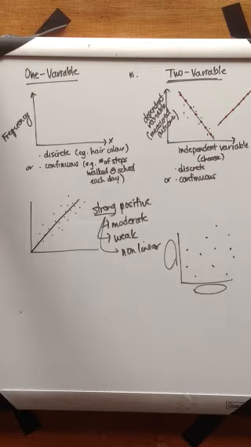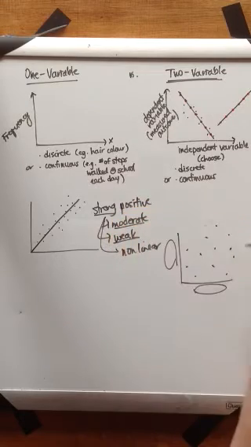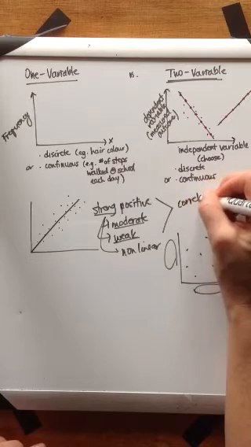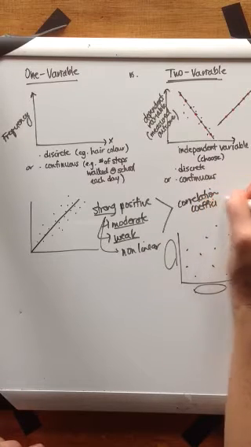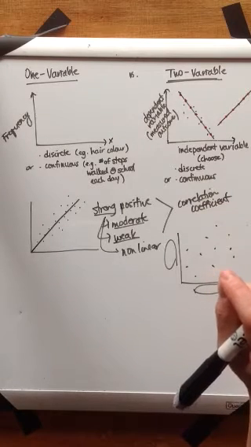Now the good news is we can actually determine whether the correlation is strong, moderate, or weak using quantitative measures, using something called a correlation coefficient. And the neat thing about this correlation coefficient is that it can actually be calculated for a given data set.